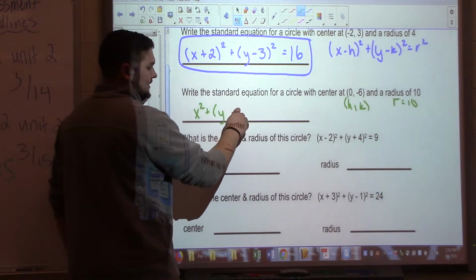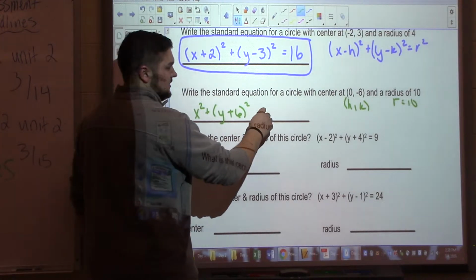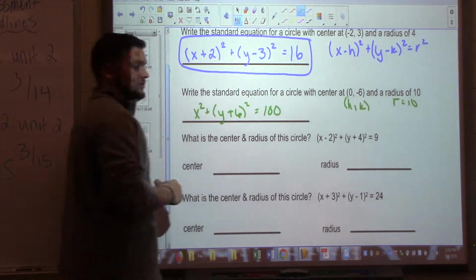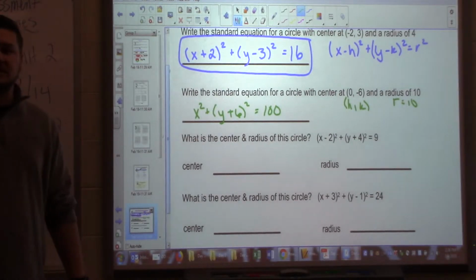Plus y plus 6 squared, y minus negative 6, y plus 6, equals 100. So just plugging my h and my k into my standard form. Any questions so far?